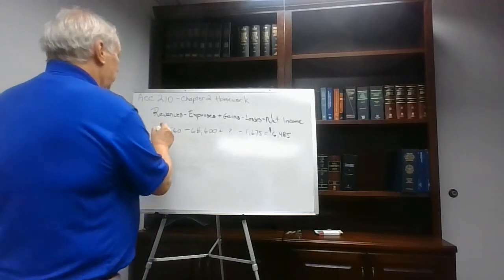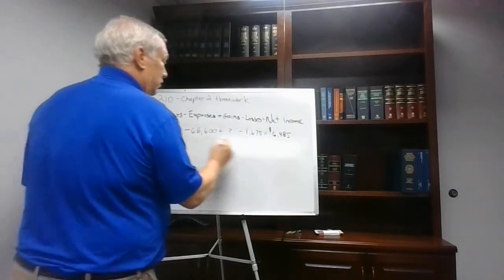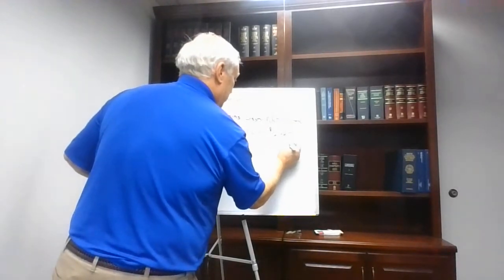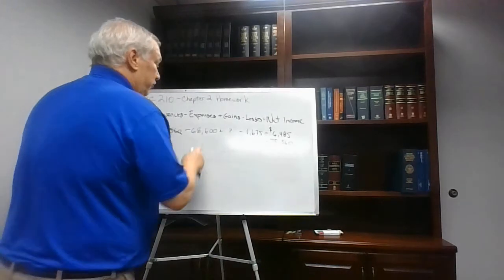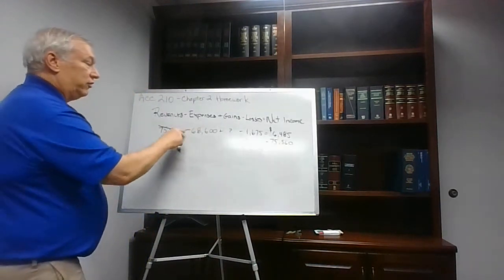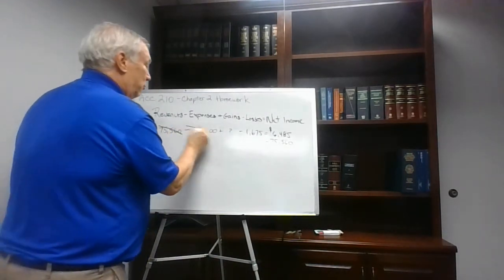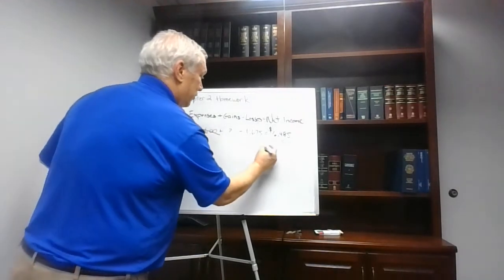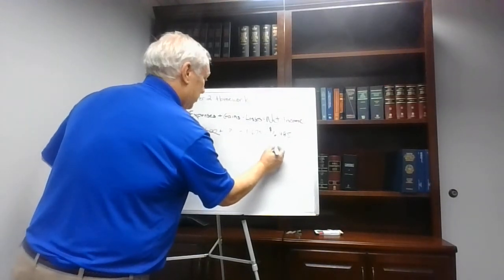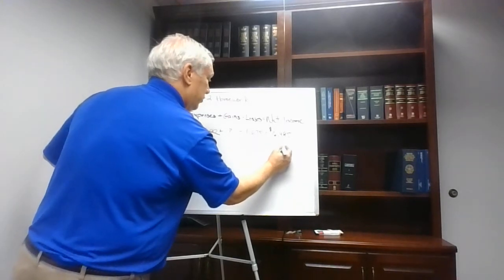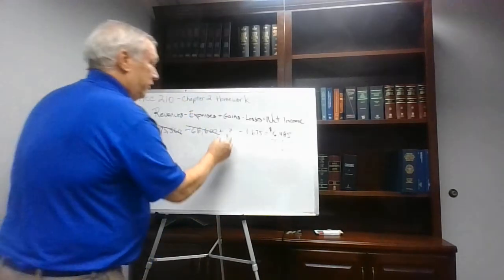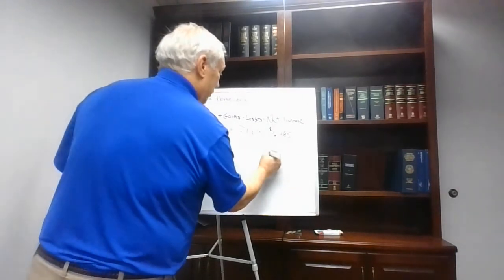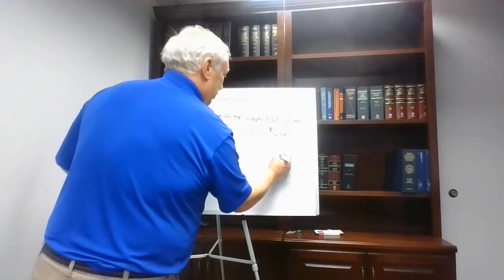So to get rid of 75,560, we subtract 75,560 from both sides. To get rid of the negative 68,600, we add it to both sides. And on this side, to get rid of the negative 1675, we're adding 1675.